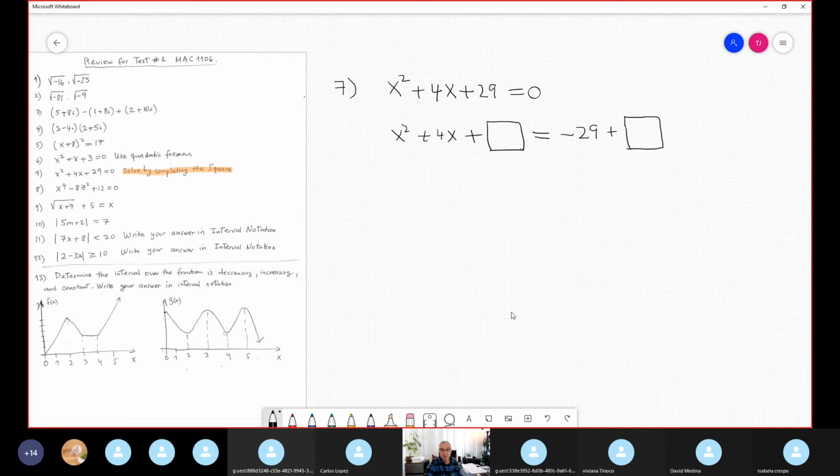Inside the box, I put the magic number that completes the square. And the formula is b over 2 squared. Okay, b is 4 in our specific example. This is 4 divided by 2 squared. 4 divided by 2 is 2, 2 squared is 4. It's a coincidence that it's 4. It doesn't always happen, but in this case it happens.